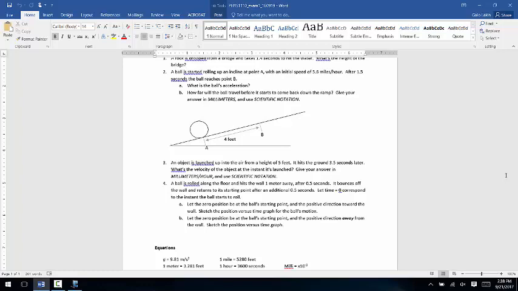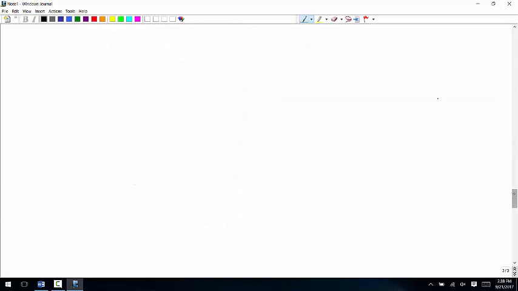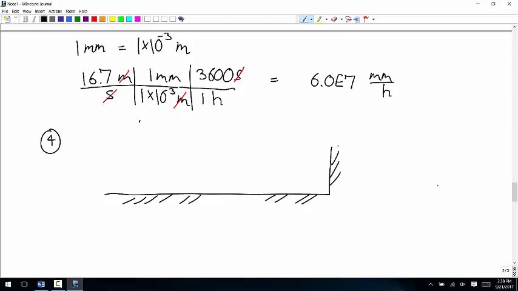And time equals 0 is when it starts to roll. Okay, so that's what happens.